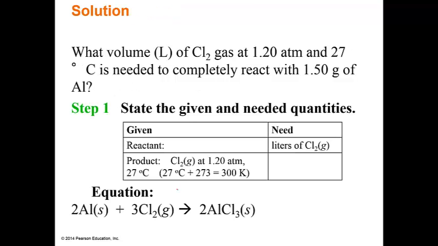Step 1, state the given and needed quantities. Well, we know that Cl2 is at 1.2 atmospheres at 300 Kelvin, 27 plus 273. Our needed quantity is liters of chlorine gas. We've got our equation to work from.